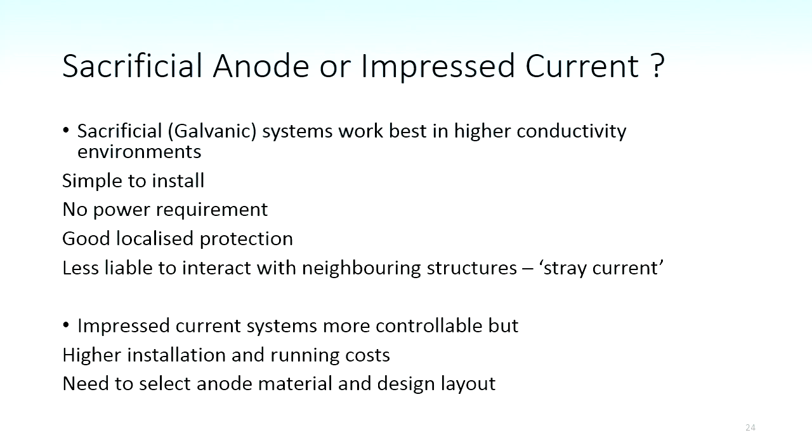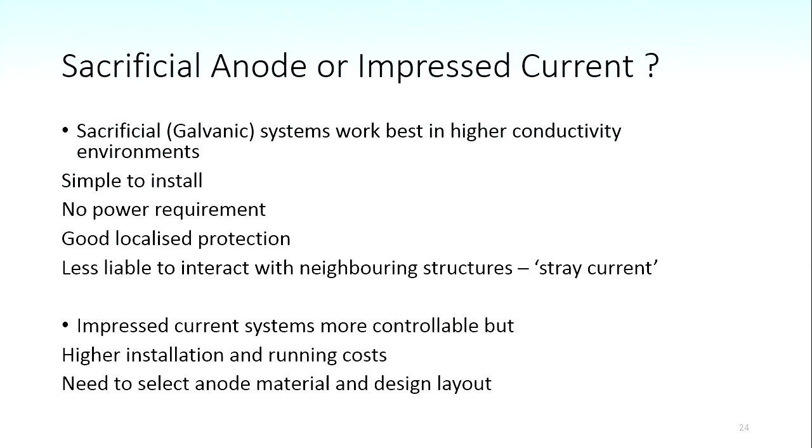The impressed current systems are not only more costly to install because you've got the wiring and the power supply and control unit and test points and the rest of it, but then you've got all the running costs, because you've got to keep checking that the system is working properly, and the maintenance on the system as well.